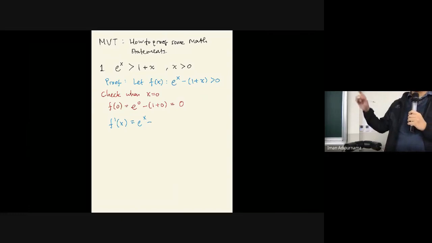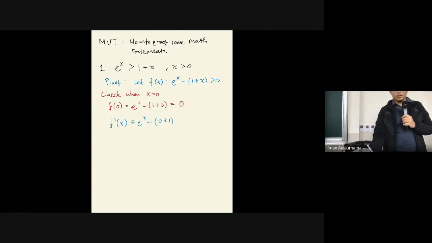Minus, you have 1 plus x, whose derivative is only 1. So minus 1, I will write this as 0. So you get the whole concept. So your f prime is actually just this.